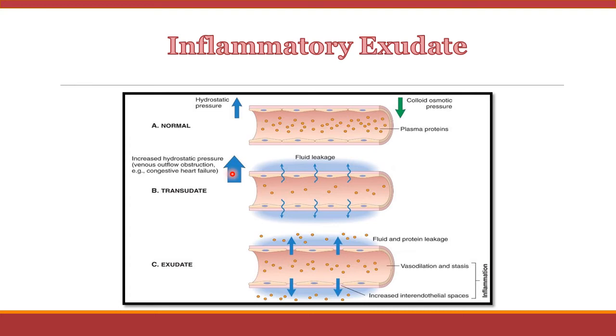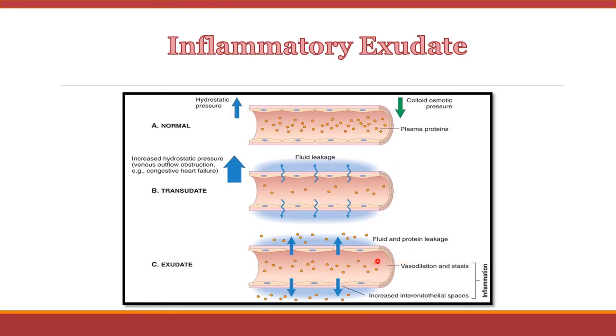In some other cases, like in our inflammatory conditions, we also have some increase of the hydrostatic pressure because of the vasodilation and increased blood flow. But at the same time, we have increased capillary permeability.